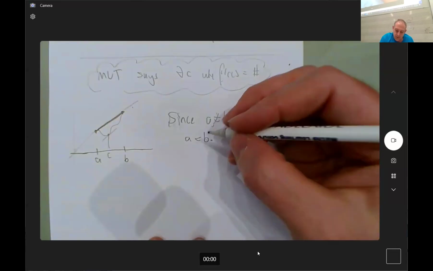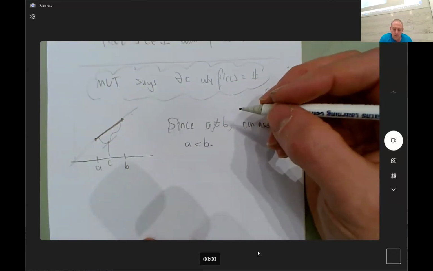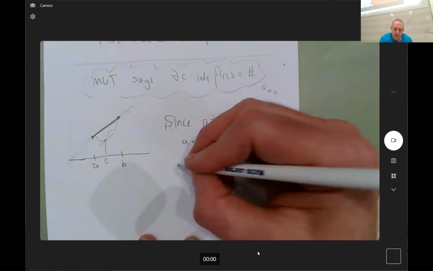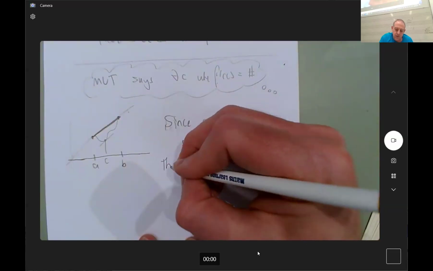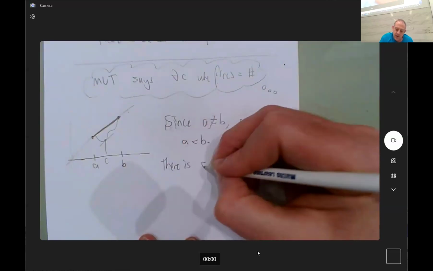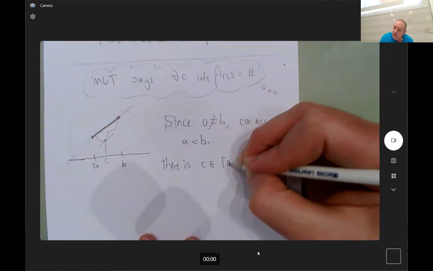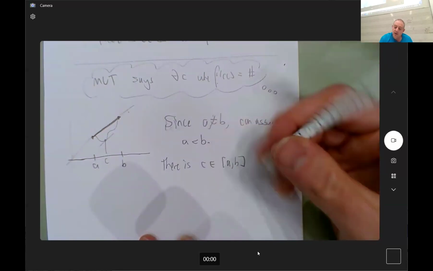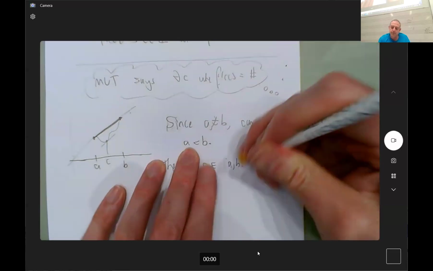And then we know that there is a C in the interval from A to B. Actually, it's an open interval, isn't it?